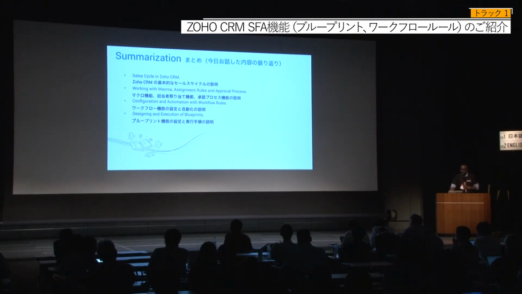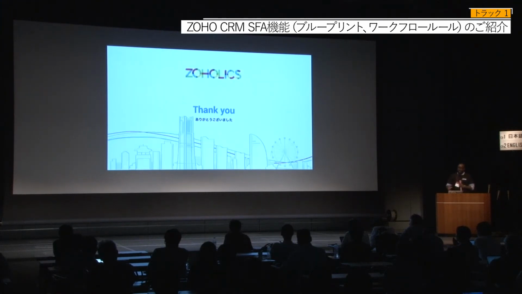And we saw about workflow rule automation. So a set of actions will be executed to a set of records when the condition is met, that is workflow rule. And blueprints, it completely streamlines the process that the user has to follow. It's defining the complete process. So that's all about automation in Zoho CRM.